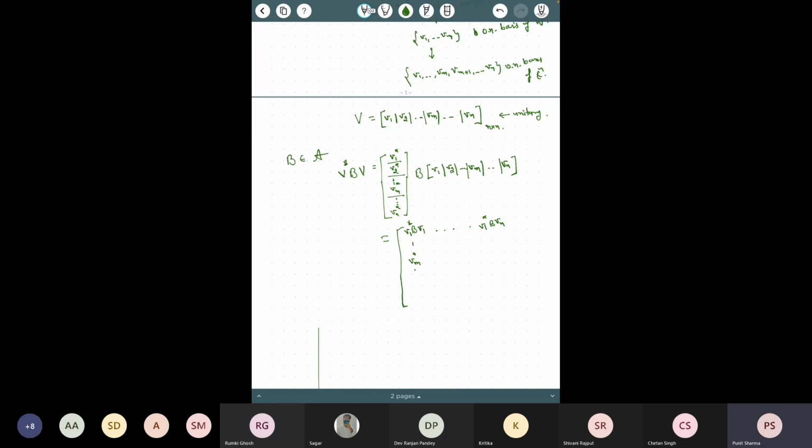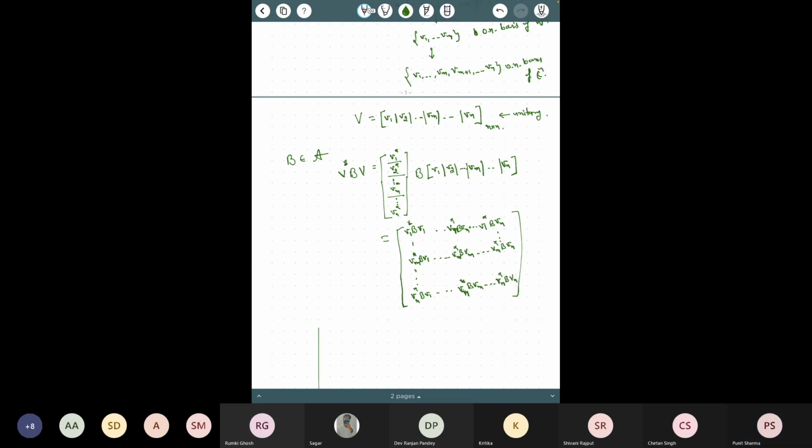Here it would be Vm star B V1, so on up to Vm star B Vm, Vm star B Vn. This would be Vn star B V1, so on, Vn star B Vm, then Vn star B Vn.